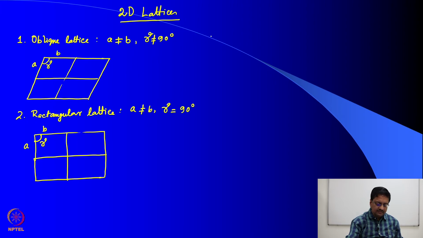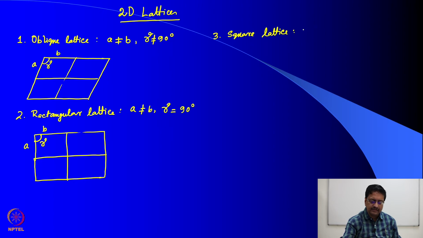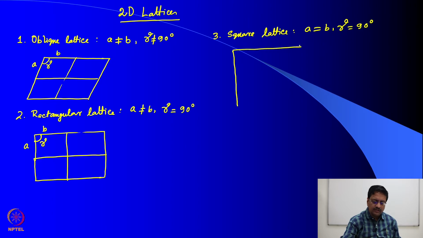The third one is a square lattice, which is characterized by A equal to B and the angle equal to 90 degrees. So that should be drawn as a square, and we have the individual portions which are equal.